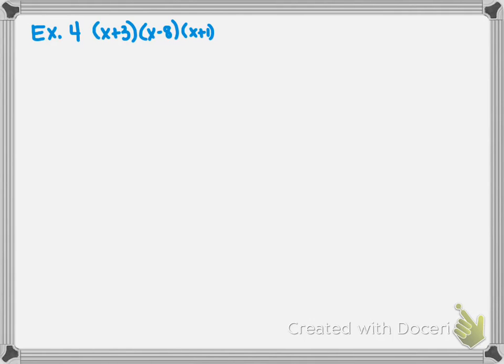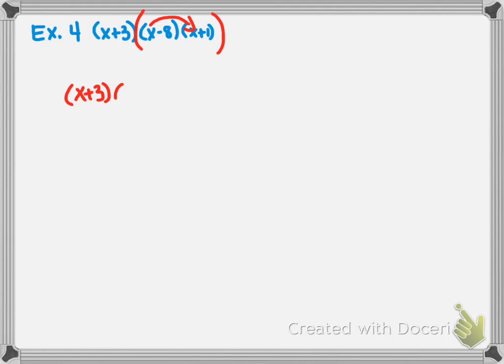times x plus 1, often we will multiply the second and third polynomials first. You don't have to do it this way, but this is the way you'll most often see it done. So I'm going to write the first term, not changing it, x plus 3. And now let's multiply x minus 8 times x plus 1.